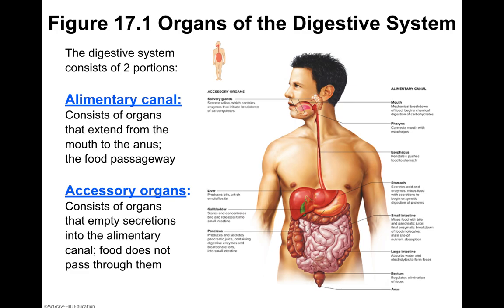That is the food passageway. Some of the accessory organs we'll look at have secretions into the alimentary canal. Food doesn't go to these accessory organs, but their secretions are important in breaking down that food. Salivary glands, liver, gallbladder, and pancreas will be some of the major ones we will look at.